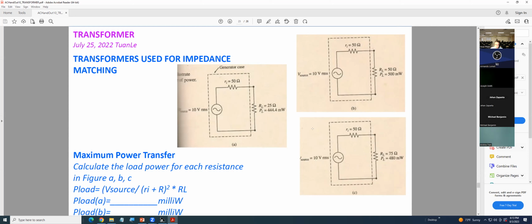Okay, so basically they're telling you what is going on. On the load 25 ohms, which is less than 50 ohms, that's what you get for 444.4. And now on the last one, you get 75 ohms, that's higher than 50 ohms, you get 480 milliwatts.